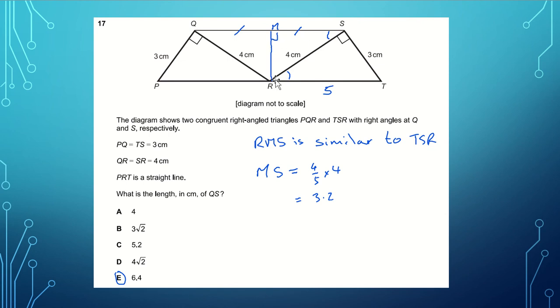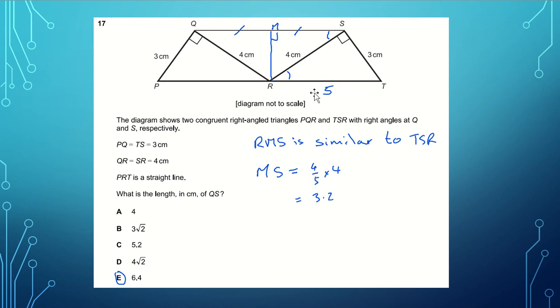So RMS, this triangle created, is similar to TSR. So it's just a scale factor, and that's going to be 4 to 5, because this is a 3, 4, 5 triangle.